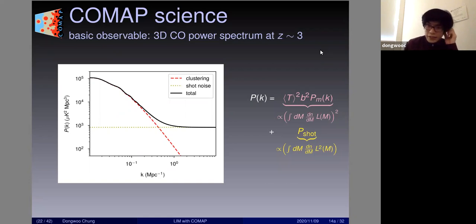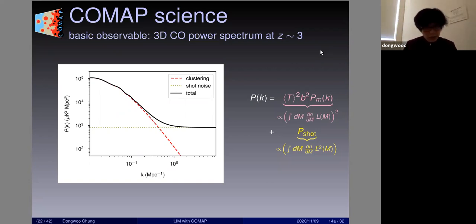That's tracing the overall mean CO intensity and the bias with which the CO is tracing the underlying galaxies, or rather the underlying dark matter structure. And then at the higher k end, you have shot noise, which is really coming from the shape of the luminosity function, especially the bright end, how quickly it cuts off, these kinds of details. So it's really looking at the stochasticity of the CO in some respects as well.